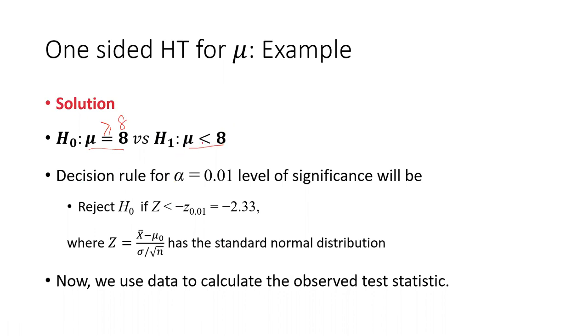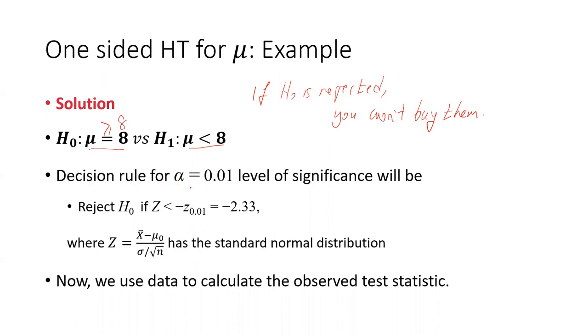Why? If H0 is rejected, then you won't buy them. If it is not rejected, then you will purchase in greater quantities.